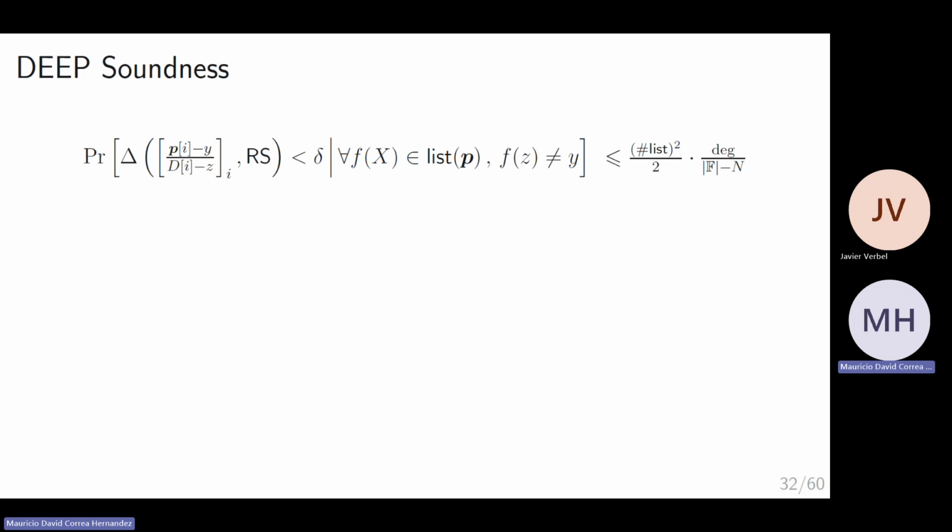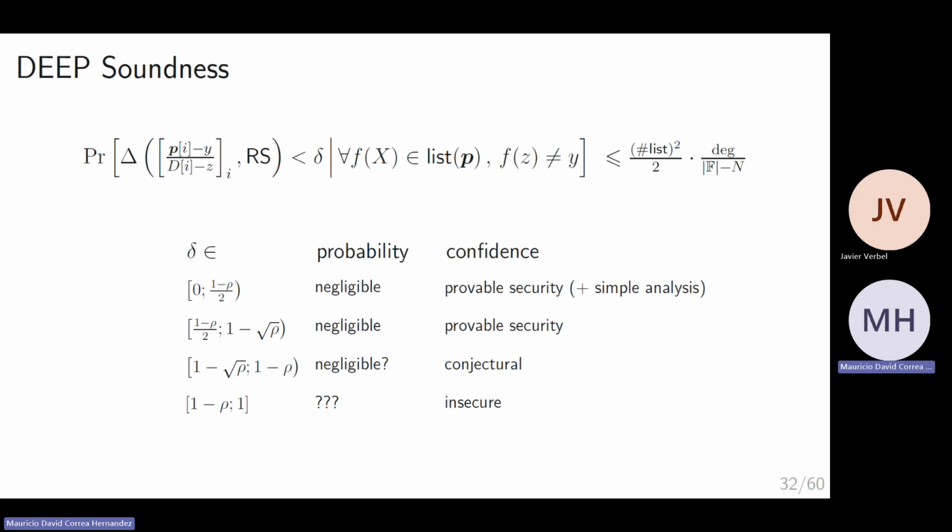And if it is polynomial, well, then it's dwarfed by this 1 over field size for a sufficiently large field size. And so for every point, for every region in the picture earlier, we either know or we don't know, or we conjecture that the list size is polynomial and thereby get a negligible soundness error.